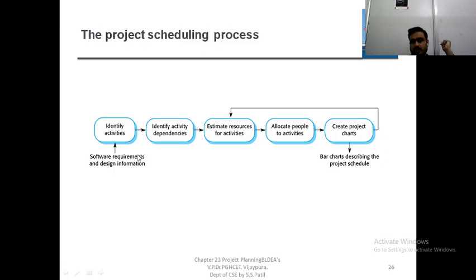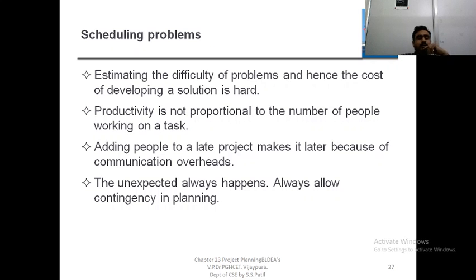So this is the software requirement and design information about the project scheduling process. At the end, bar charts describe the project schedule. So you have to keep a record of everything for project scheduling. What will the problems be? Estimating the difficulty of problems, and hence the cost of developing the solution, is hard.